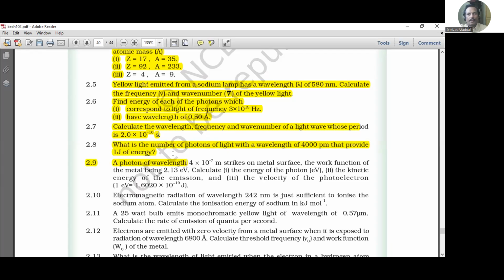So that is what we have to do: the number of photons of wavelength 4,000 picometers that can produce 1 joule of energy.